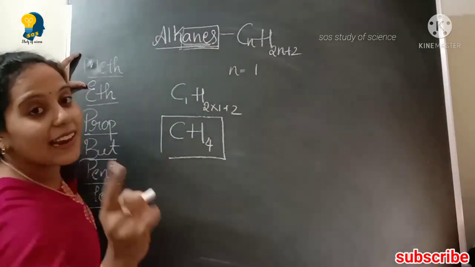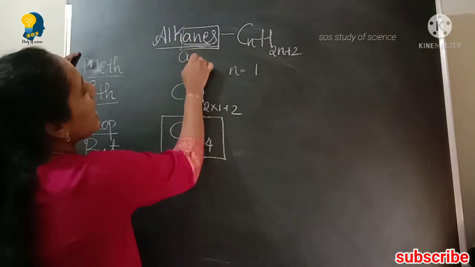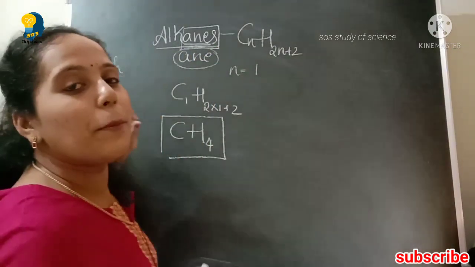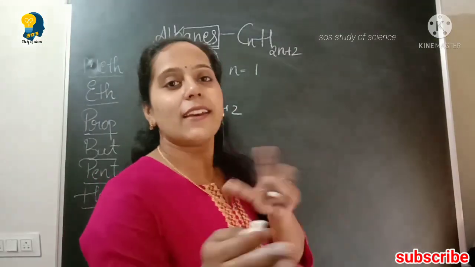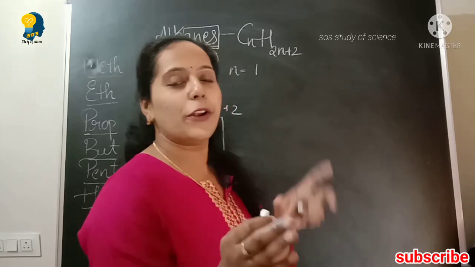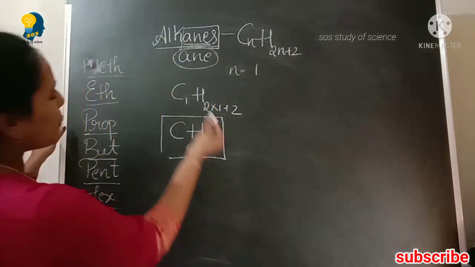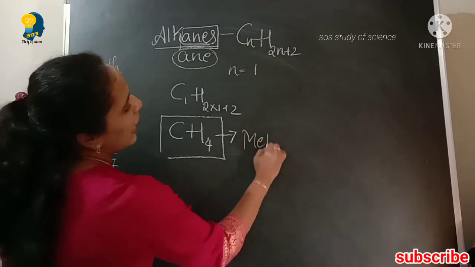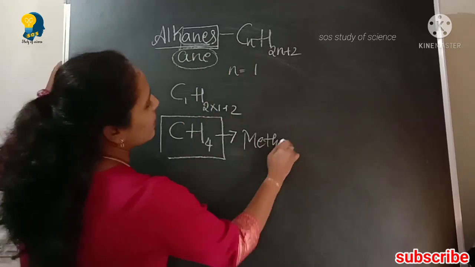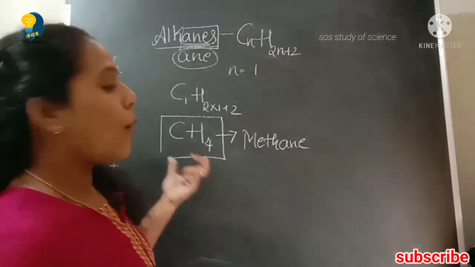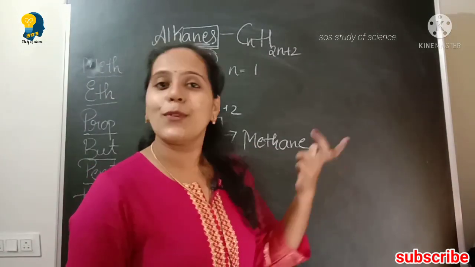Whenever it is alkane, there will be ane at the end. Ane is the one thing you can remember, whether it is alkane, alkene or alkyne: whenever it is ane, it is going to be alkane. So the first member is meth and the ane combines with this, so the name is methane. Methane is the first member of alkane.